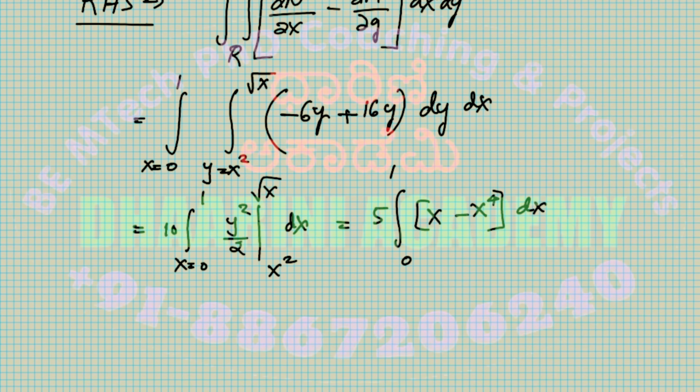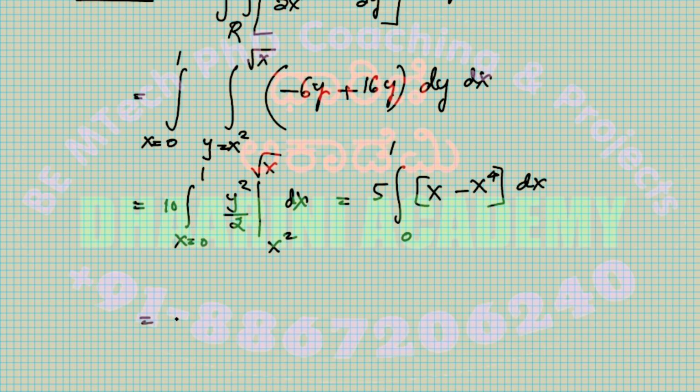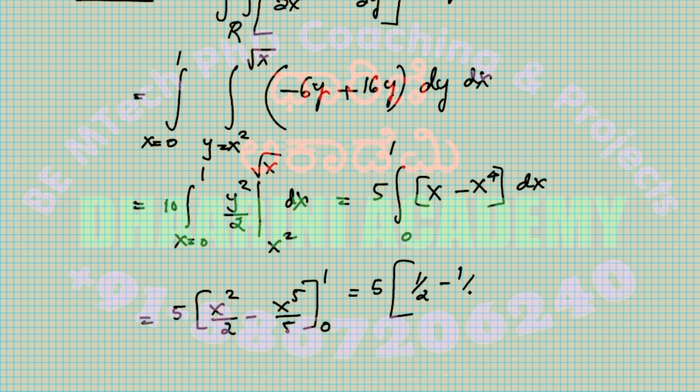Right. So that means in the next step, I'm going to get 5 times x square by 2 minus x to the power 5 by 5 from 0 to 1, isn't it? So 5 times, this is 1 by 2 minus 1 by 5, right?